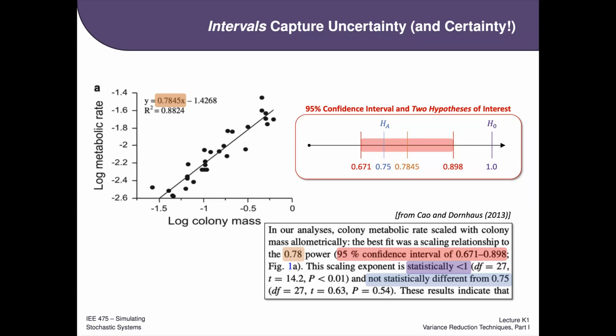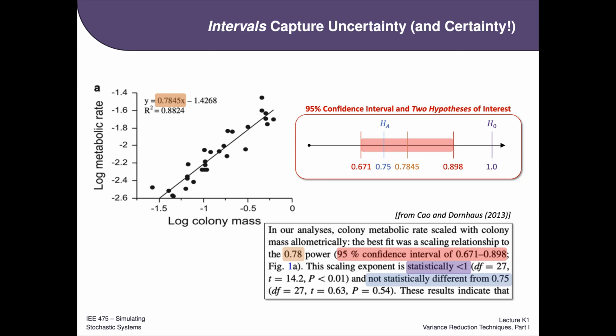And so this data shows that there is a relationship between these two things, which isn't that much of a surprise, but the relationship is sublinear. And that was an important contribution from this particular paper. Moreover, a pet theory people had was that it would be sublinear, and not only sublinear, but the coefficient would be 0.75.